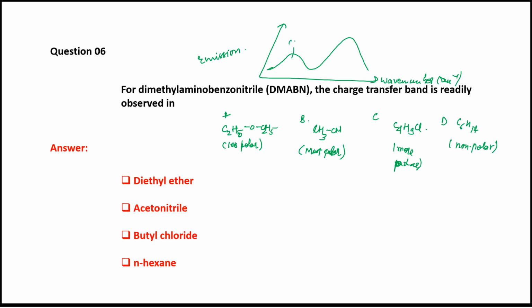So this is the CT band, and this is the pi to pi star emission band A, which is characteristic of the material. So the value of this CT band depends on the polarity of the solvent.